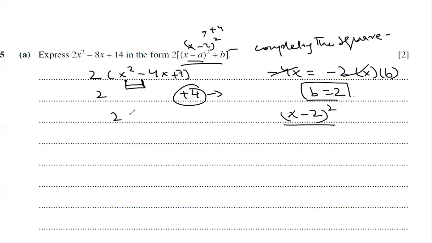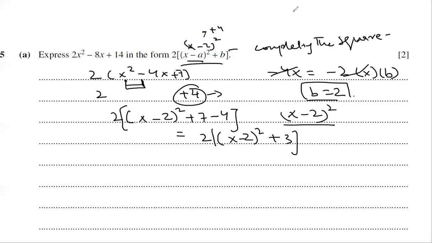So you would write it down like this, x minus 2 whole square, plus 7 minus 4, because since we are adding 4 in this part, we have to subtract it in order to make it balance. So this is the part.